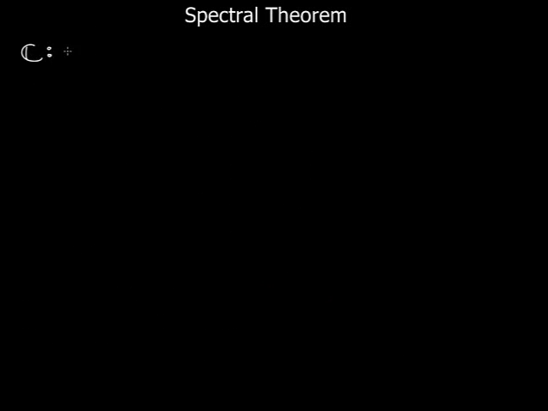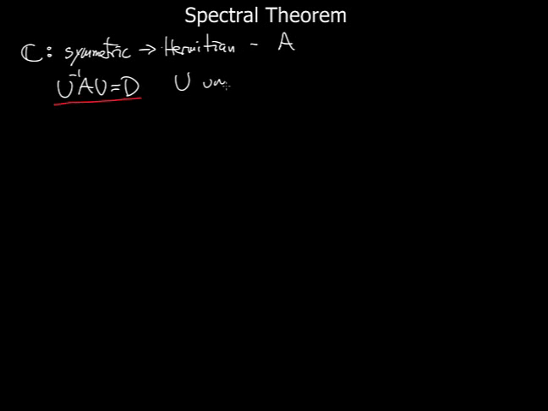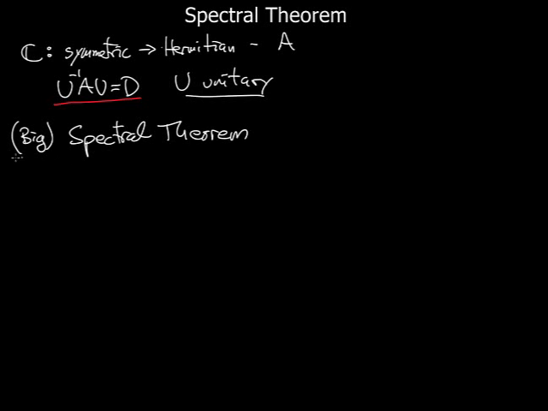Okay, so let's go back and quickly look at the complex version. Remember, symmetric becomes Hermitian, and orthogonal becomes unitary. So we're looking for a matrix which can be diagonalized by a unitary matrix U in the complex case. And here's a very big theorem in linear algebra. It's so big it even has a name. This is called the spectral theorem. And it says the following.